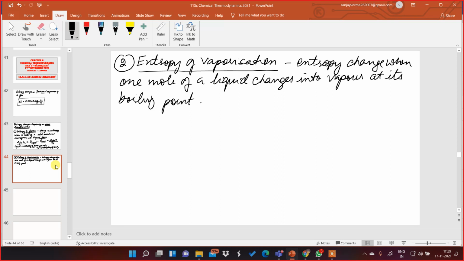So this is the definition of entropy of vaporization, and its formula which you have to remember is delta S vap, vaporization, is equal to entropy of the vapor minus entropy of the liquid, that is equal to the enthalpy of vaporization, delta H vap, divided by Tb.